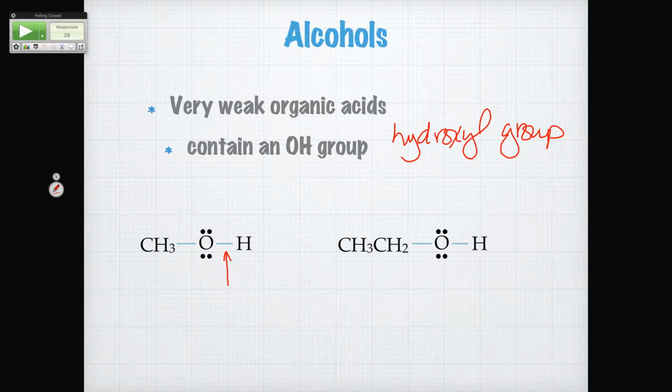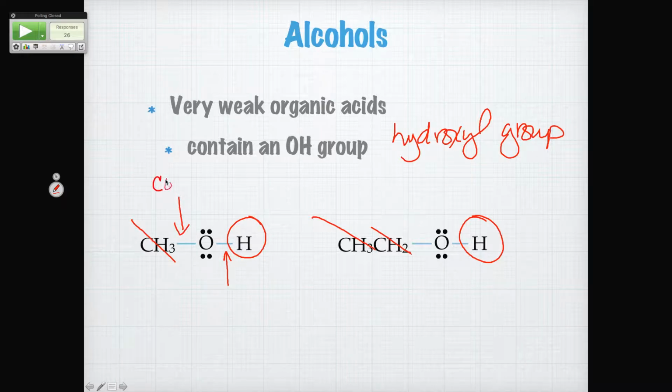Okay, this is the hydrogen that's acidic, not these. These aren't acidic. None of these 5 are acidic. This is the one that's acidic. Okay, and remember what we said about CO bonds. While they're polar, they are still covalent. And these compounds do not give up OH minus.